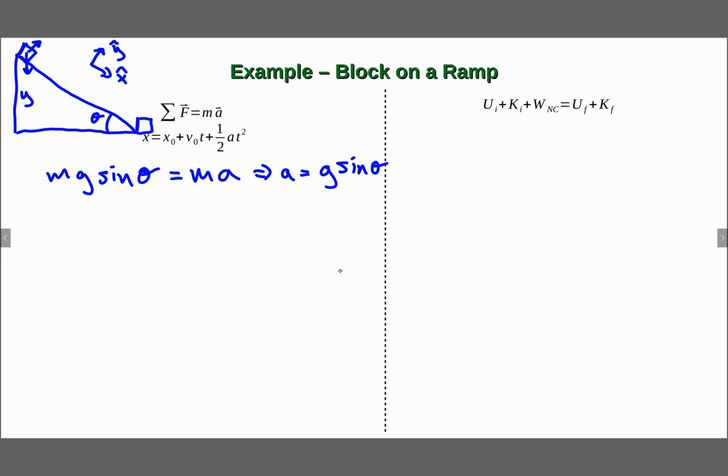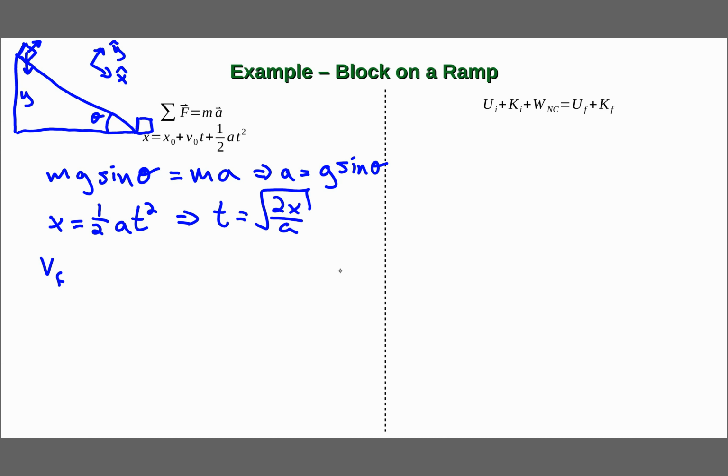And then I would use kinematics and say x equals 1/2 a t squared, which tells me that t equals the square root of 2x over a.